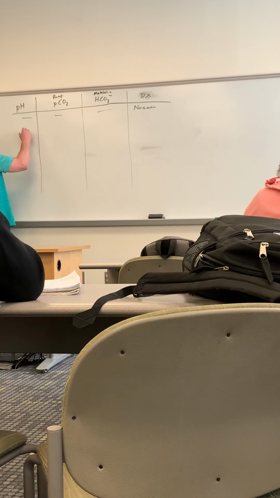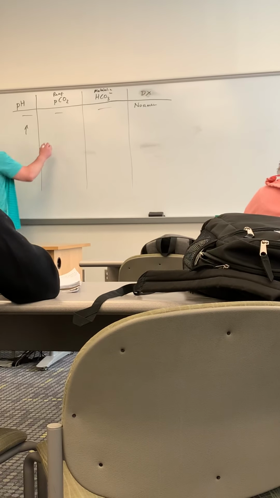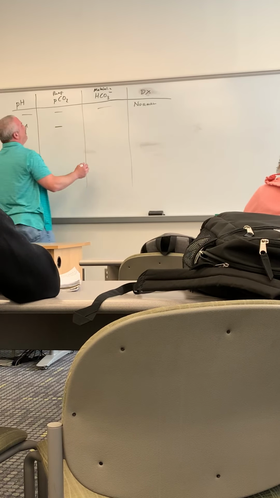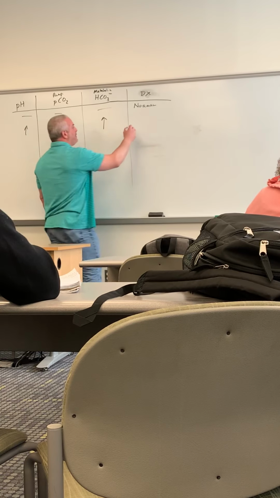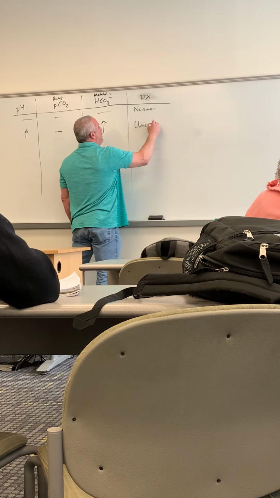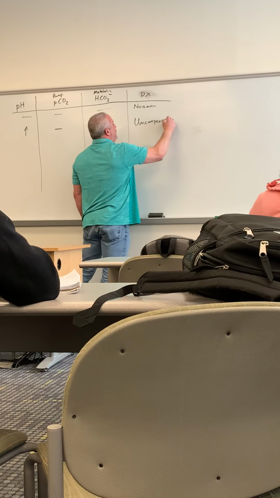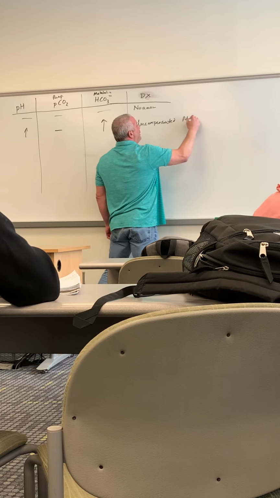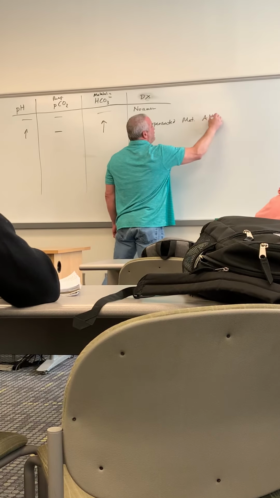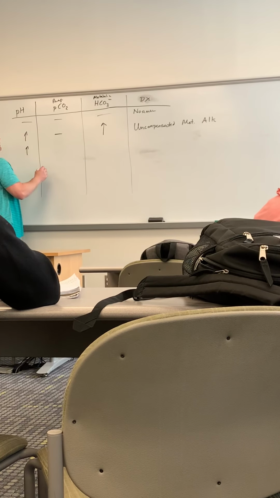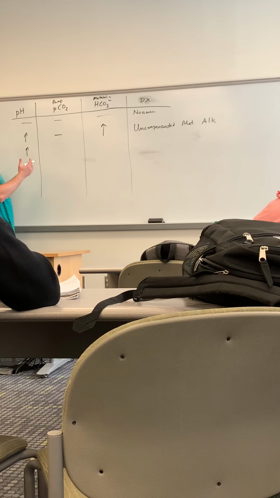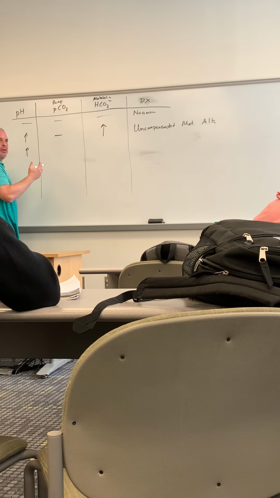So the next one: pH high, your CO2 is normal, but your bicarb is high. That would be uncompensated metabolic alkalosis. pH is high. Because you're trying to bring the pH down, what happens to your CO2?